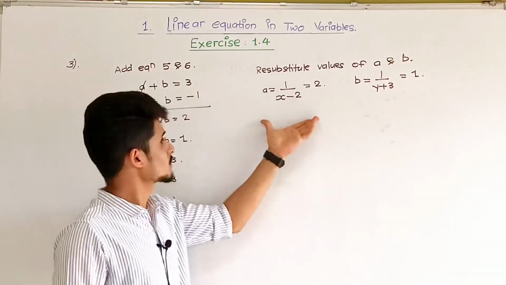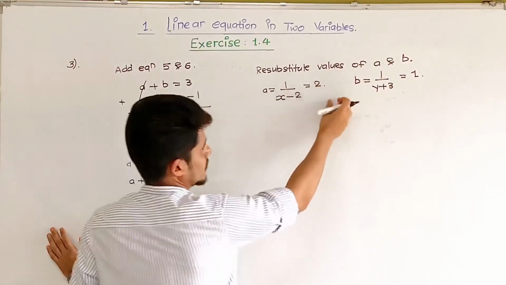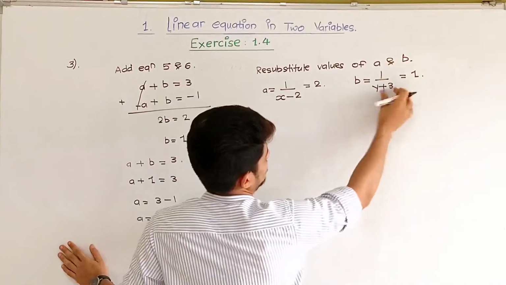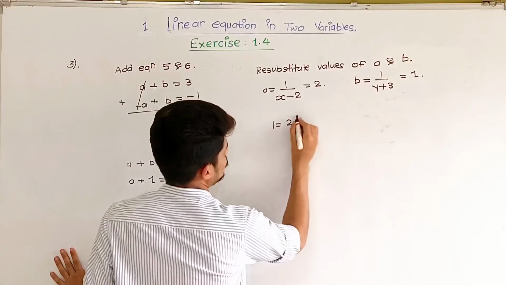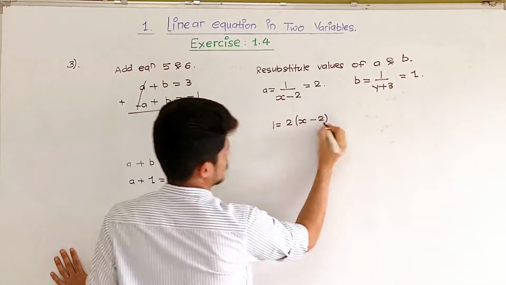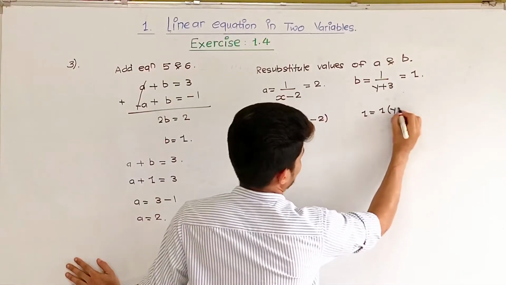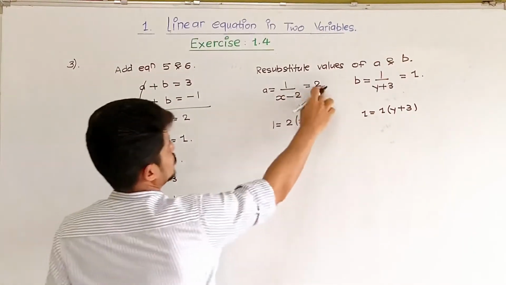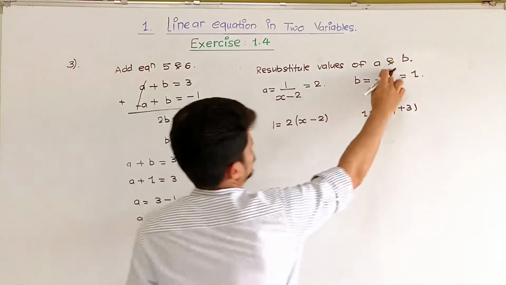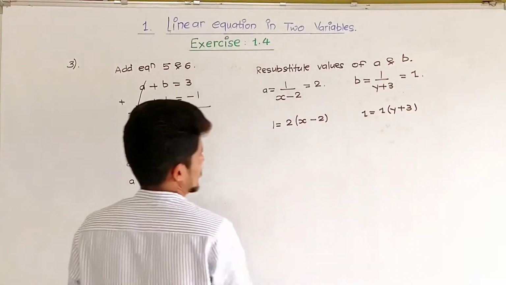So now we'll cross multiply, that is x minus 2 is in division here, it goes there and multiplies. Similarly y plus 3 is in division here, it goes there and multiplies. So 1 is equals to 2 into x minus 2 and 1 is equals to 1 into y plus 3.